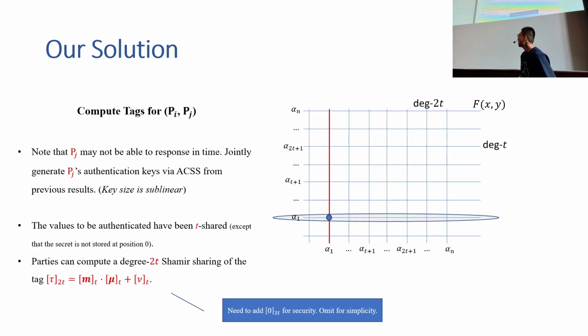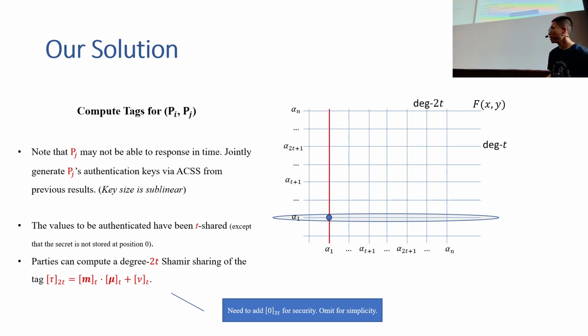And now, the observation is that the values we want to authenticate have already been T-shared. Let's say for the first party P1, we want to authenticate P1's column polynomial. But every point in his column polynomial is also in a row polynomial, which is a degree T polynomial. So this means that every value we want to authenticate has already been T-shared, except that now the secret is not stored at position 0, but at position alpha 1.